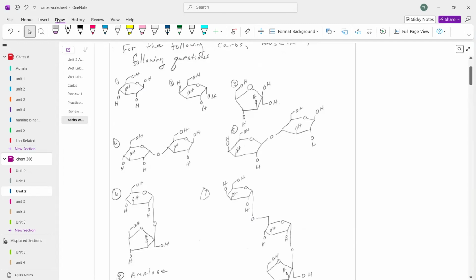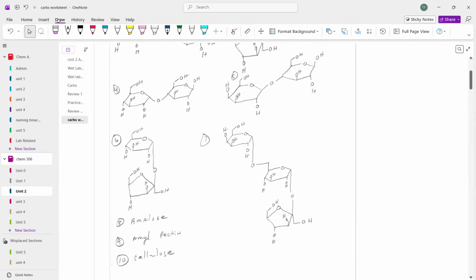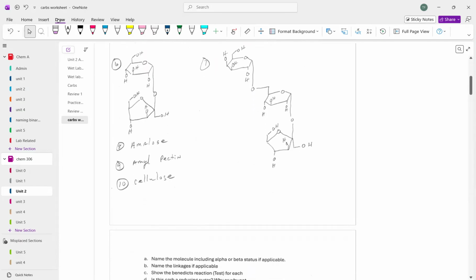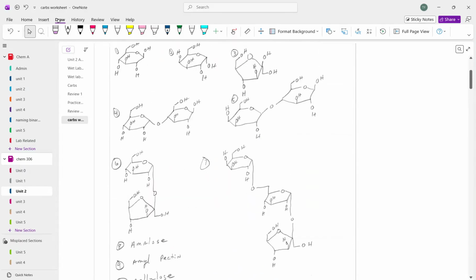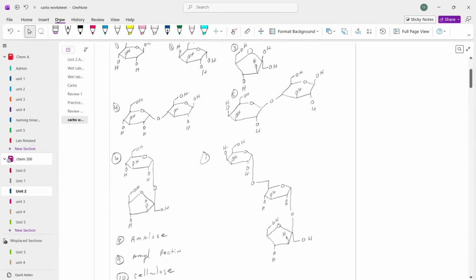This is a lot like the format of the test. I'm going to talk, and I'll show a structure and ask you some questions about it. These are the four questions. Name the molecule, alpha beta status as well. Name the linkages, if applicable. Show the Benedict's reaction for each. Is this carb a reducing sugar? Why or why not? So for each one of these structures, I'm going to go through those questions.